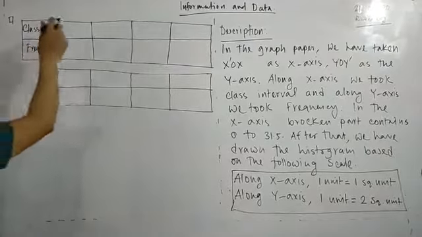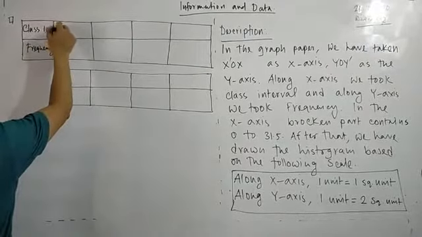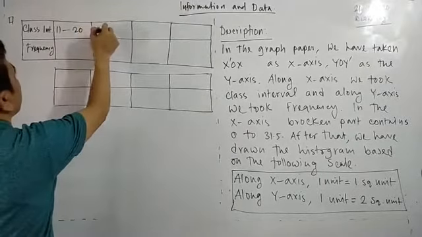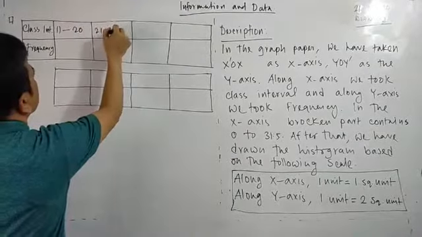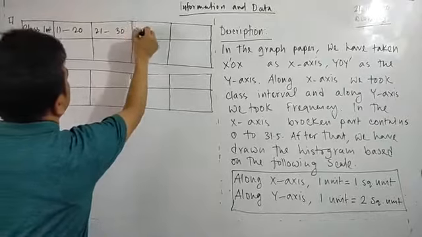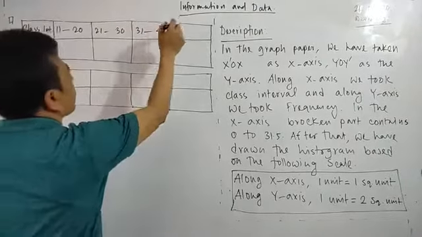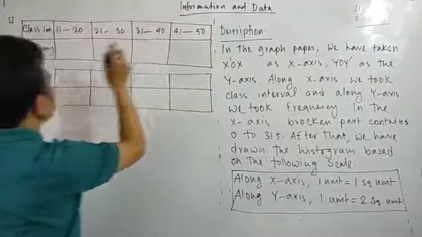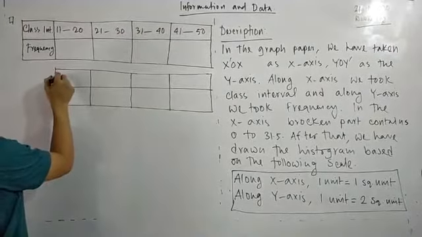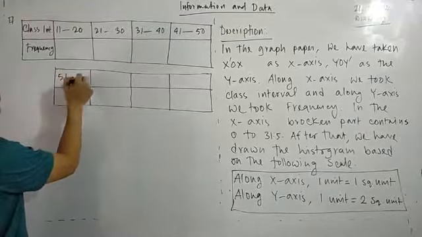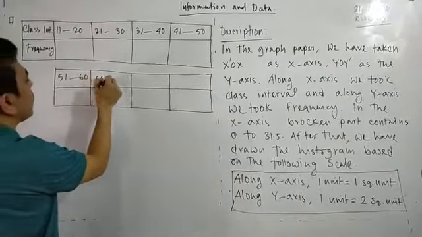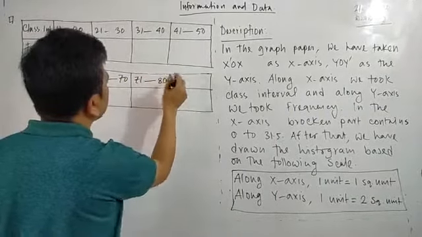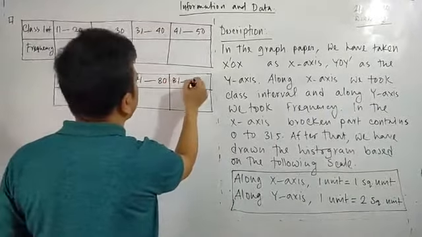Okay, so 11 to 20, 21 to 30, 31 to 40, 41 to 50, 51 to 60, 61 to 70, 71 to 80, 81 to 90.